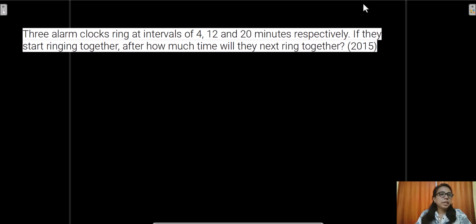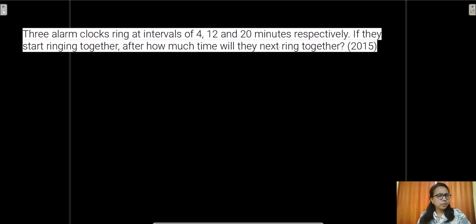Now you see, three alarm clocks. What is given there? Is there any maximum or minimum? Nothing is there. So here logical thinking is needed. 3 clocks are ringing at 4 minutes, 12 minutes and 20 minutes. If they start ringing together, after how much time will they next ring together?